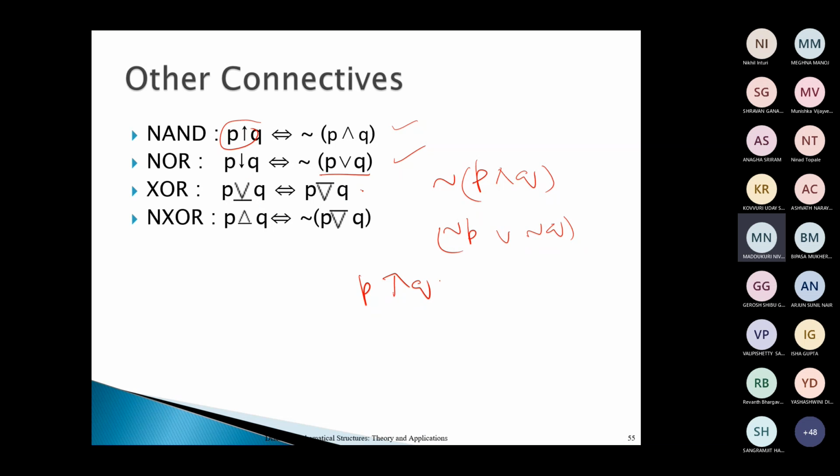These are all symbols, NOR. XOR, and what do you mean by XOR? Exclusive OR. You know exclusive OR, right? And this is not of exclusive OR. What is the meaning of exclusive OR? P OR Q and not of P and Q, correct?